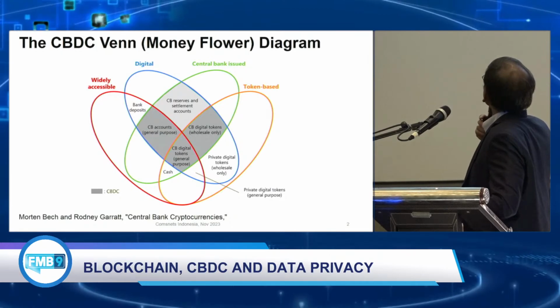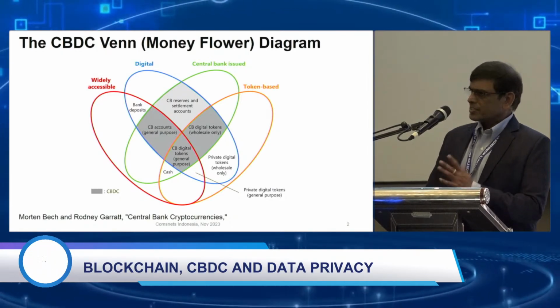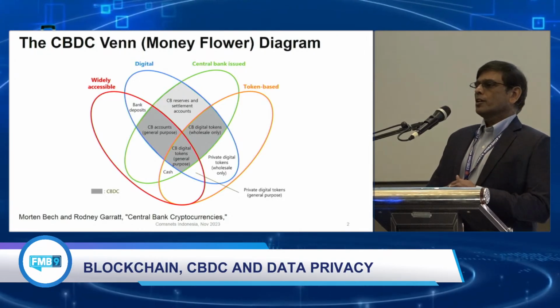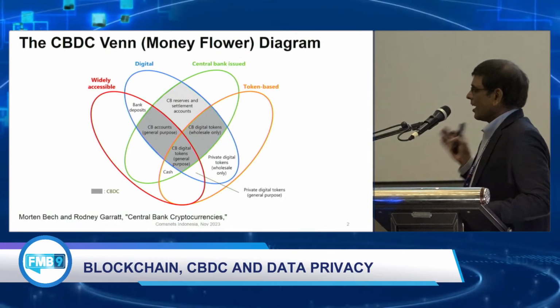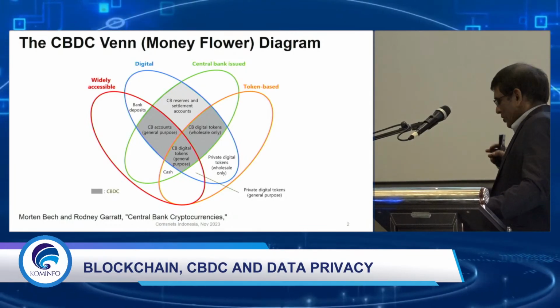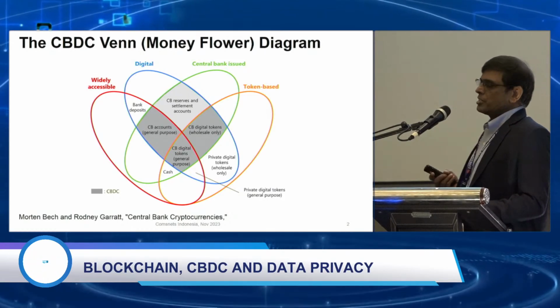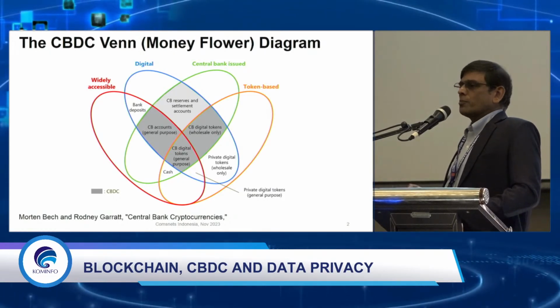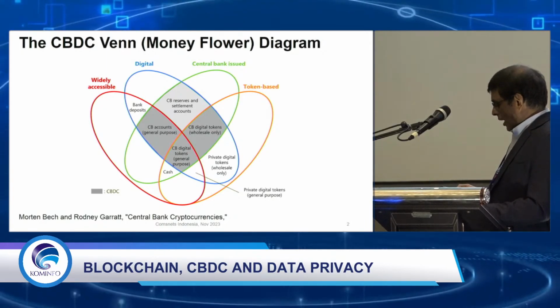You can also use another dimension, whether it's token-based or account-based. I'll discuss that a little bit more. If it's token-based, there are some challenges of making it token-based, and if it's account-based, there are some other challenges. So basically, there are four kinds of CBDCs that you can get based on whether it's token-based or not, and whether it is narrowly accessible or widely accessible.